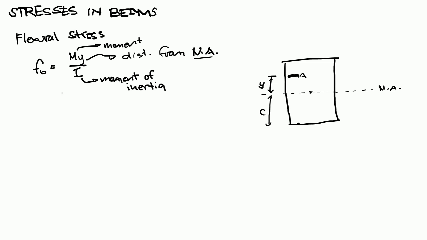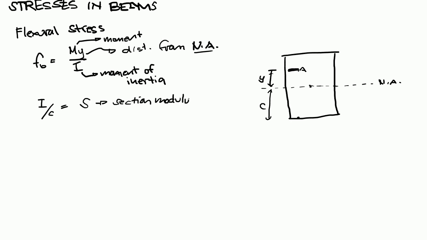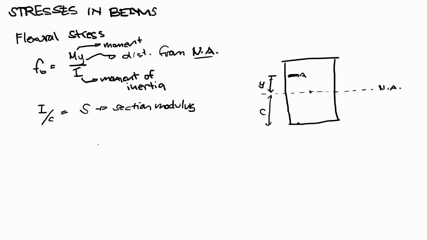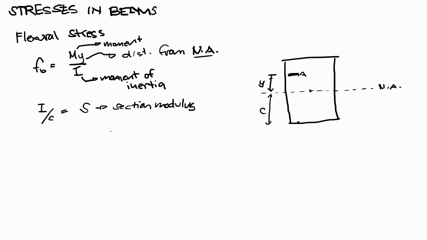Now, sometimes, we have this formula, I over C is equal to S, where S is what we call the section modulus. Okay, section modulus. Now, yung section modulus, it is a property of the section based doon sa shape niya.